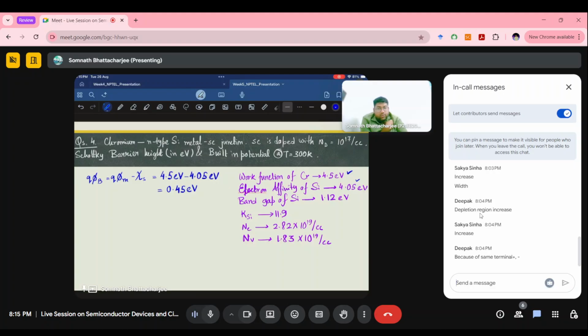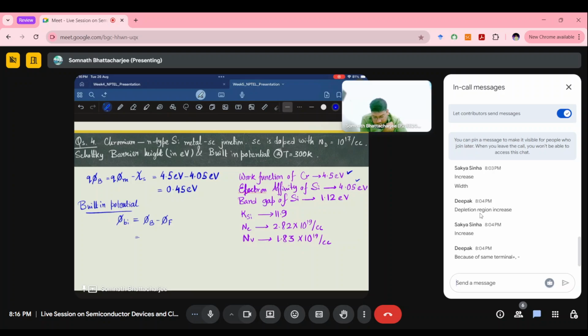Now we need to know what is the built-in potential. So the value of built-in potential is psi bi. That is nothing but the difference between psi b minus psi f. Okay.